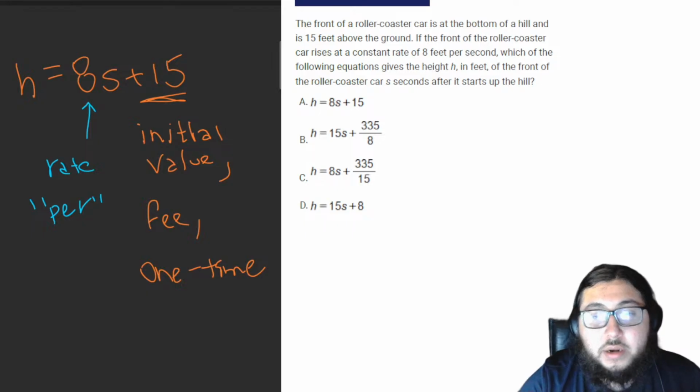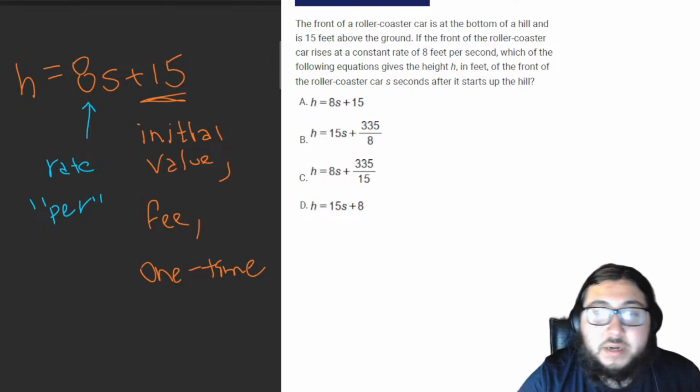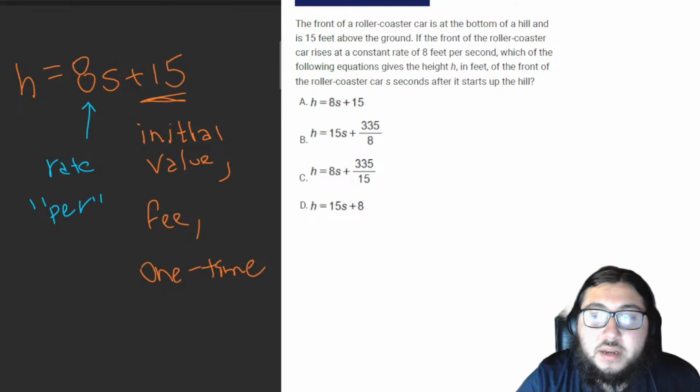So that's how we know that the equation that models this scenario is in fact A, 8s plus 15. So just by utilizing keywords, we can set up our linear equation. And the word constant rate indicates that this is linear. Any function with a constant rate is linear.